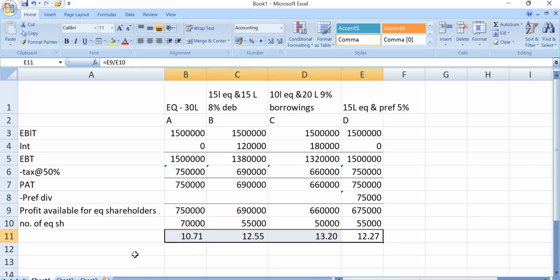So my EPS will be 10.71, 12.55, 13.20, 12.27.